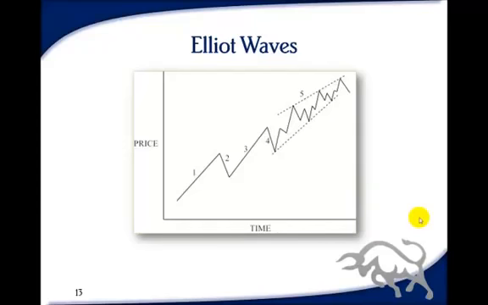The triangle happens and then you go off for another push. The 5th wave is a push in the trend, but they're also bearish because you're getting to the end of that trend. You'll also get the 5th wave, then you're going to get the 3-wave correction coming back down.